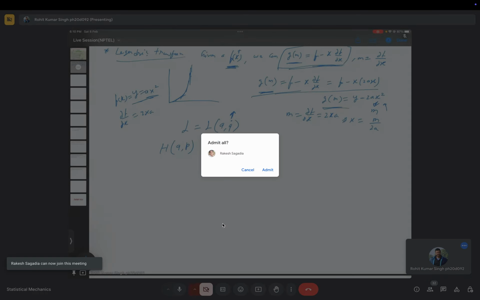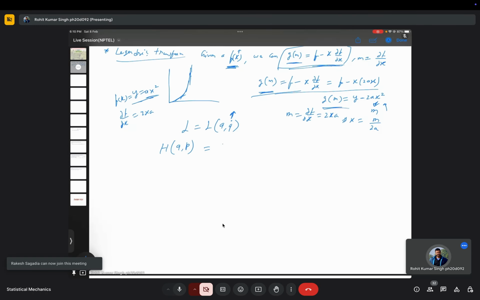Okay, by doing this, basically, this is what we call the generalized momentum.